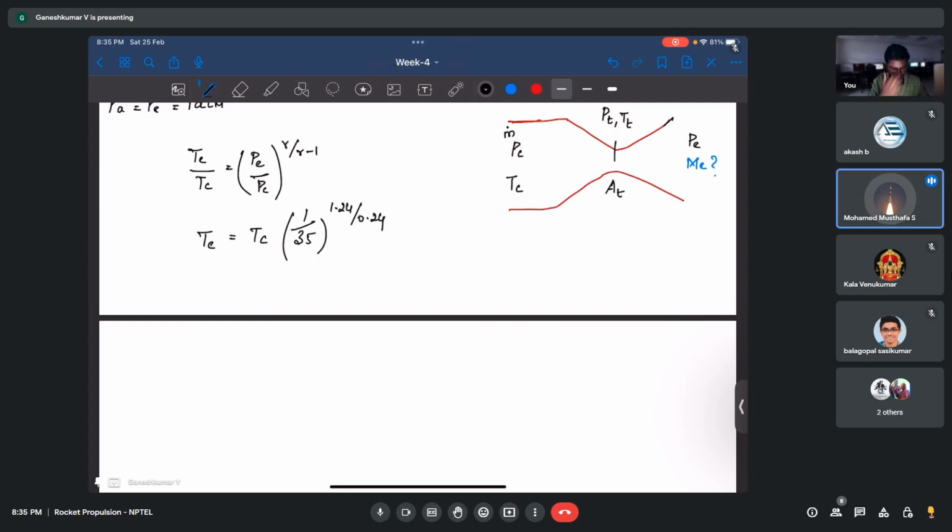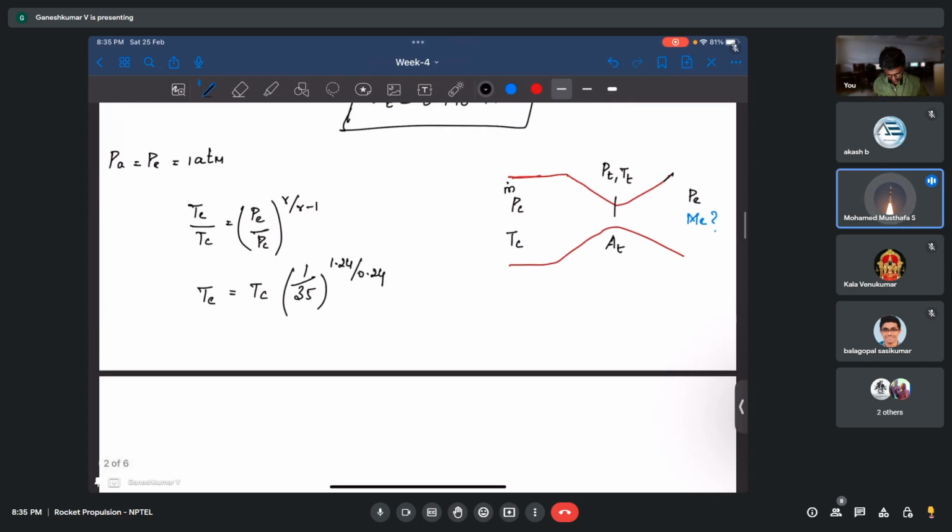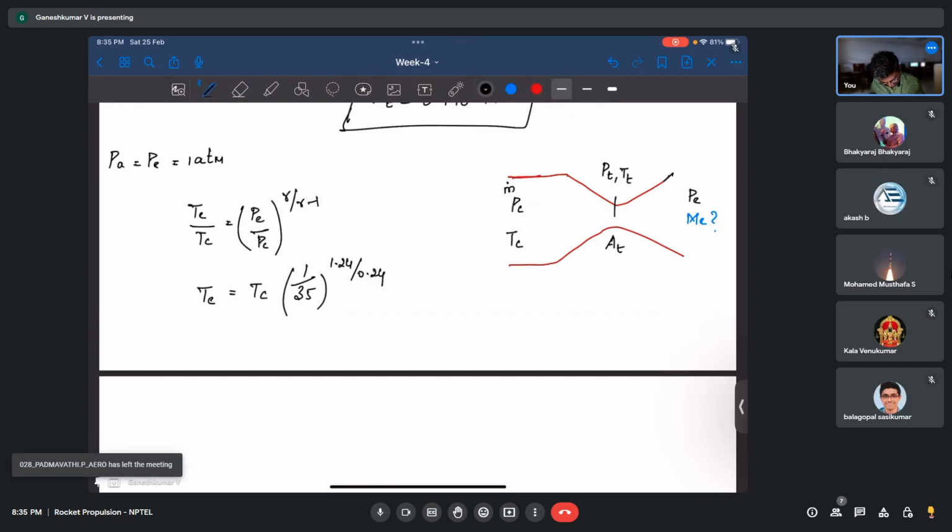Sir, actually the relation has to be changed in power: P by PC, gamma minus 1 by gamma, right? Is it right? Still there's a confusion. Okay, 0.24 by 1 point.